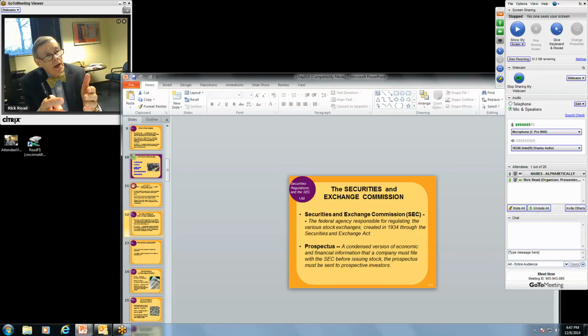The Securities and Exchange Commission requires businesses who sell stock, or, a better way to say it, who trade securities publicly, to publish a prospectus. And a prospectus tells the prospective investor what he or she can expect.